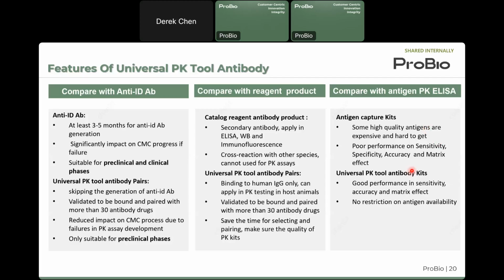For instance, if you have a GPCR antibody drug candidate, it is almost impossible to run antigen capture PK ELISA because there's just no recombinant GPCR protein available with decent quality. So this problem will no longer exist with the universal PK2 antibody.